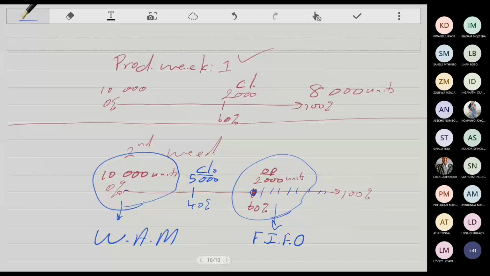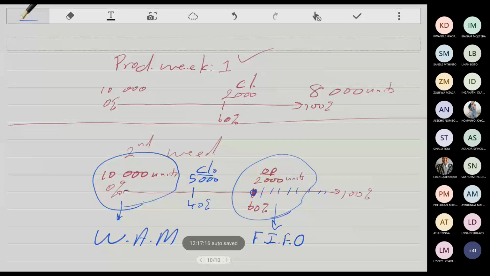Okay. Remember, we said, I hope it's clear about first in, first out, that we're going to finish first with the 2,000 units because those units are already sitting at 60%. Now, if a company says that, now that we've got 2,000 units sitting at 60% and 10,000 units at 0%, rather than completing the 2,000 units first, we decide to start with the 10,000 units, the ones sitting at 0%.